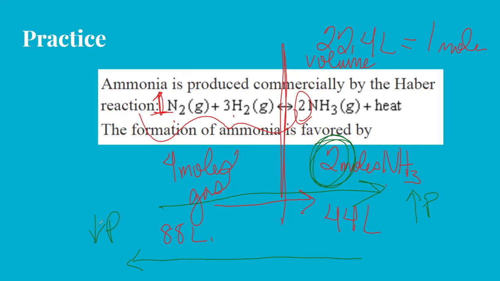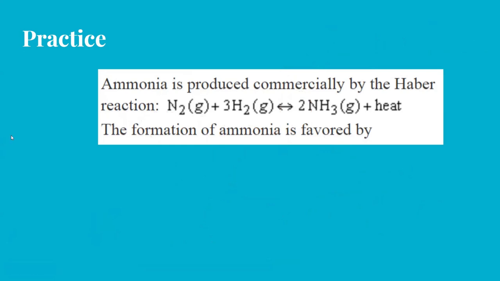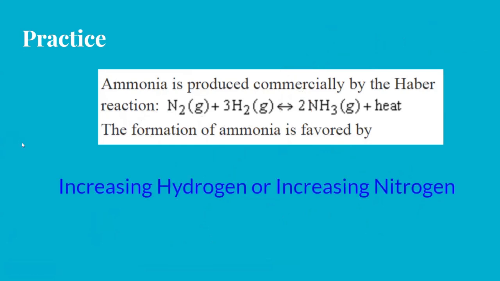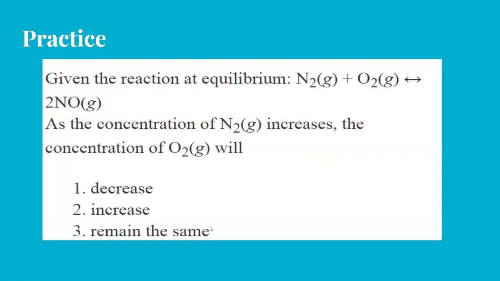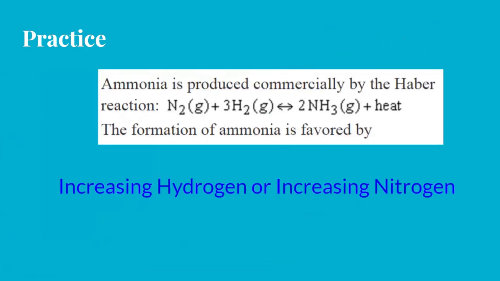So that's actually all 4 factors in one reaction. That's why everybody likes to talk about the Haber-Bosch process. Increasing the hydrogen or increasing the nitrogen is one option. There are actually 4 different options, and we just went through all of them. Let me write them out.